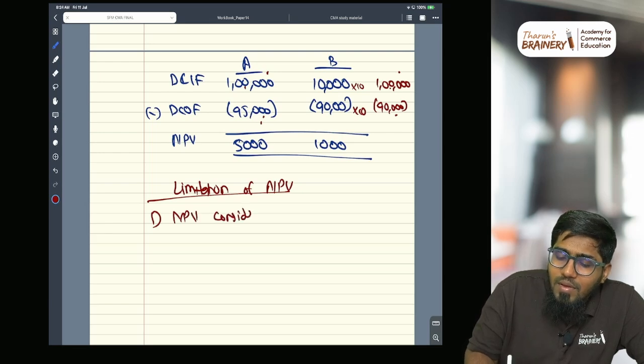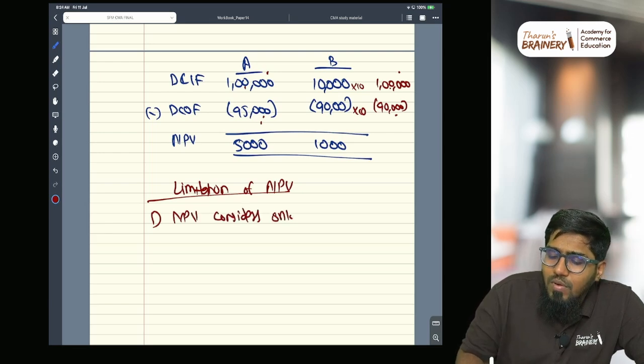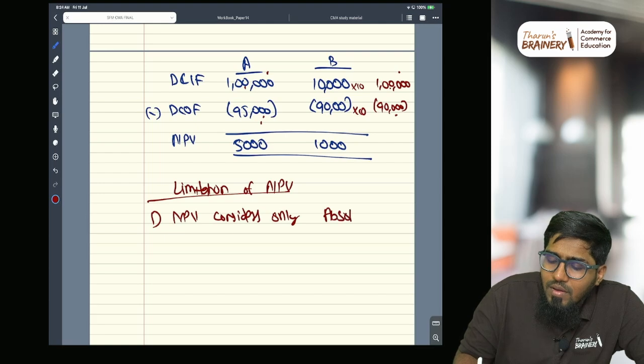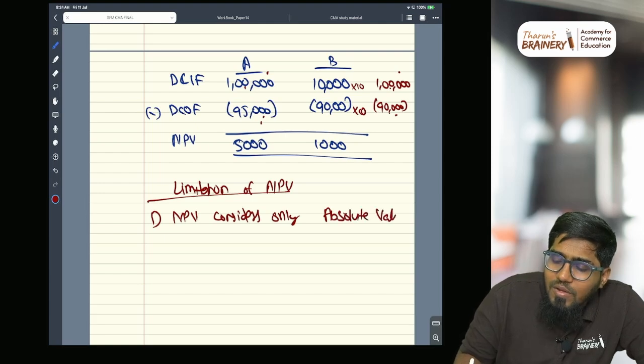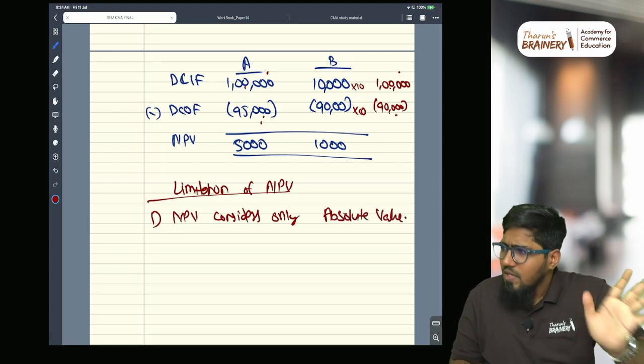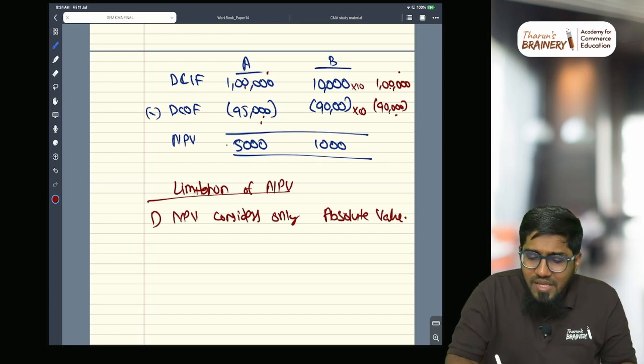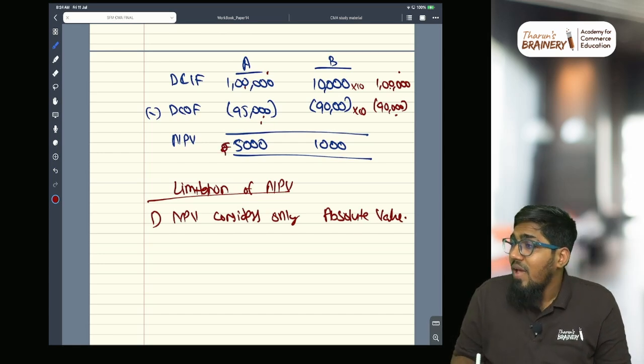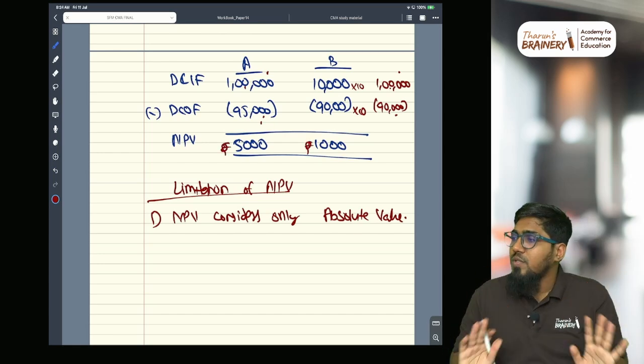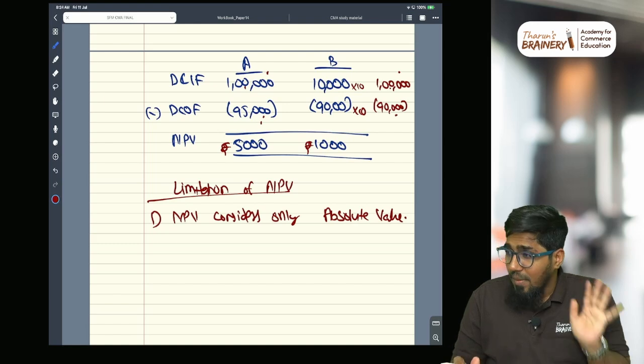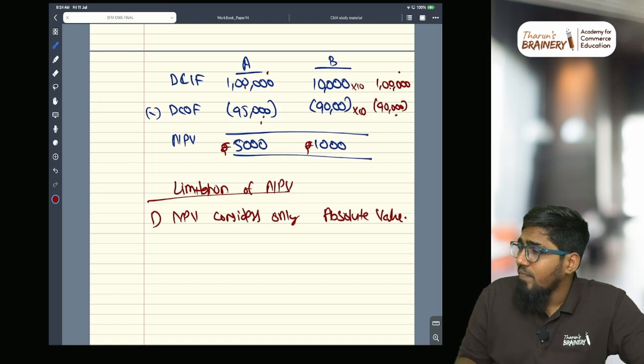NPV considers only absolute value. It will give you the absolute return. This project will give you 5,000 rupees of return and this project will give you 1,000 rupees of return. That's it. NPV considers only absolute value.